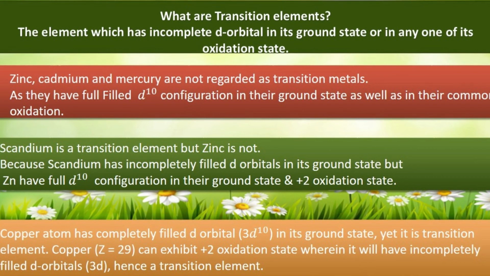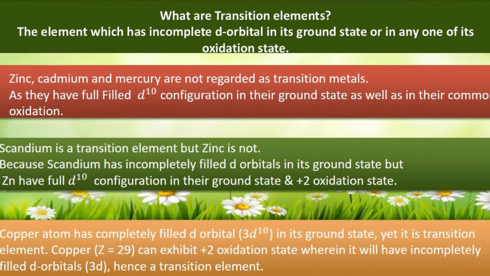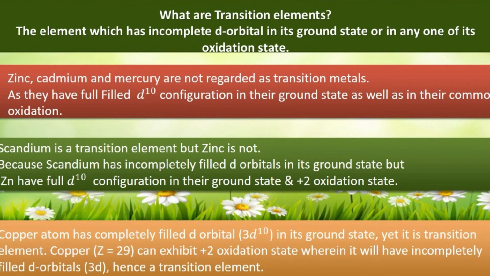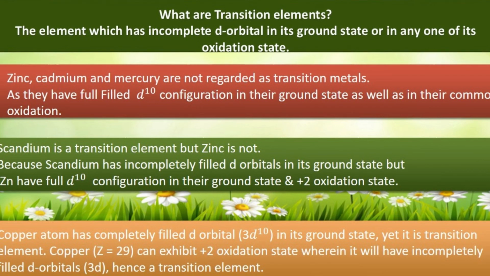If you take copper, it has a filled 3d orbital in its ground state, whereas in its +2 oxidation state, it has an incomplete 3d orbital. So it can be considered a transition element.